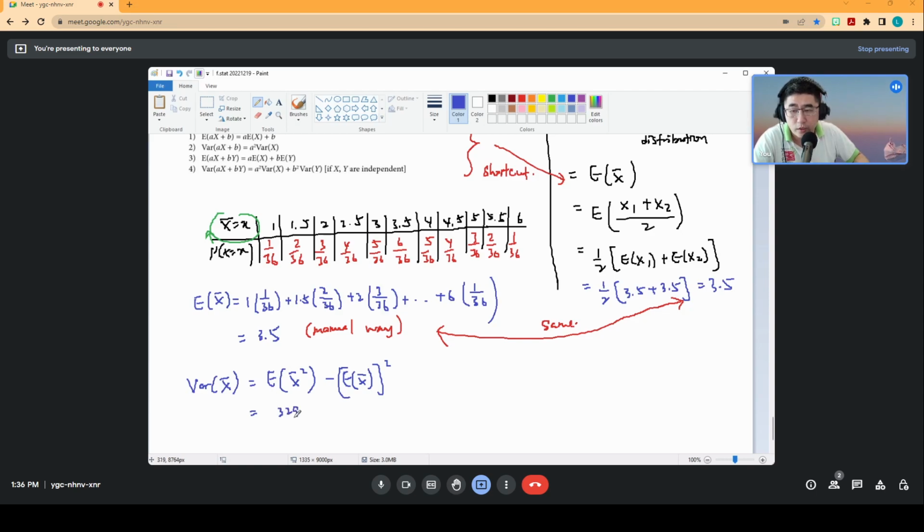329 over 24 minus 7 over 2 squared. So 329 over 24 divided by 3.5 squared, so I have a fraction 47 over 42.